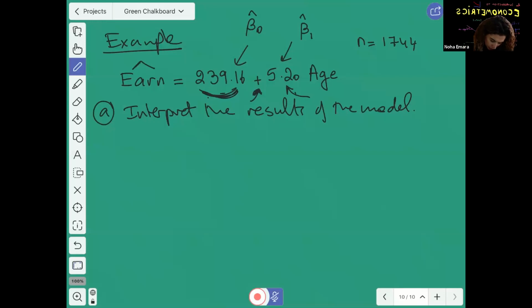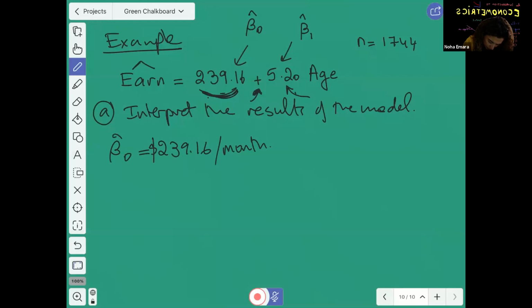So here, based on the results, what does the beta hat naught imply? The beta hat naught is equal to 239.16. The earning is in dollars, so this has to be in dollars, right? And it's a monthly data set, so I say it's per month.